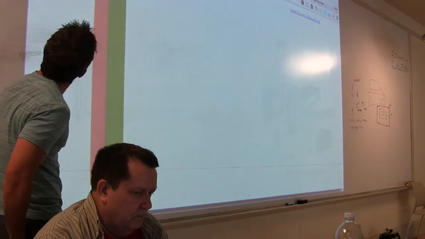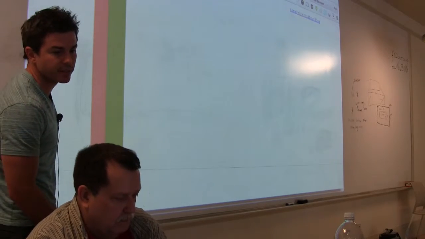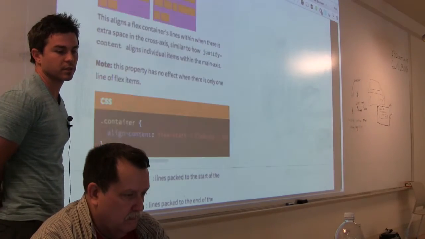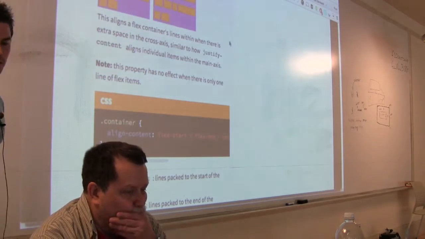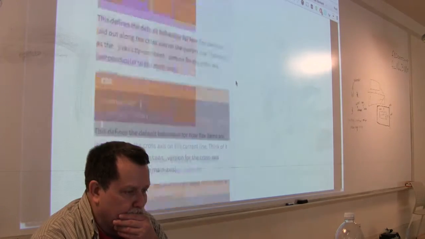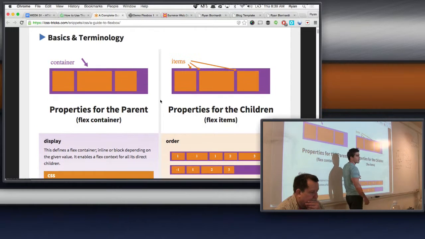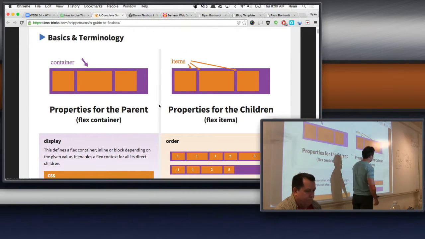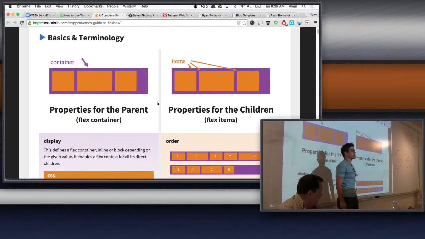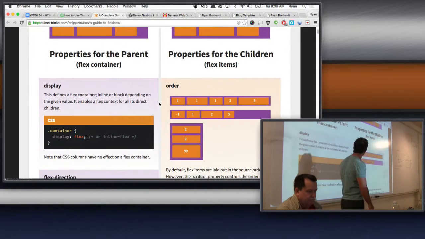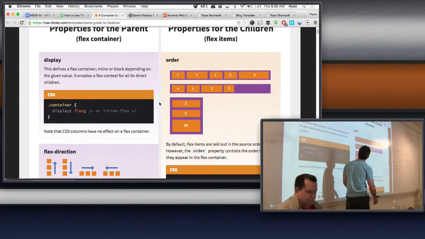All right, now if you'll go to the complete guide, scroll up to the top. Remember Todd started talking about the right side here yesterday, right? It gets a little more complicated once you go into the items themselves. You have order, so you could give them an order in which they appear, and I'll show you that in a second.